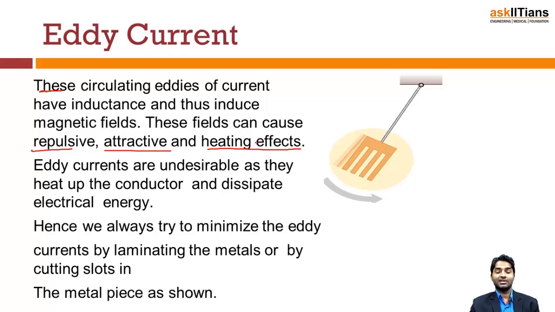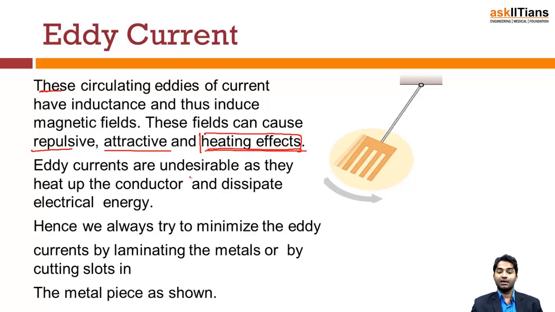This heat is the reason that the work done by the external agent doesn't fully convert into electric energy in the coil. The energy produced across the eddy current causes a heating effect.